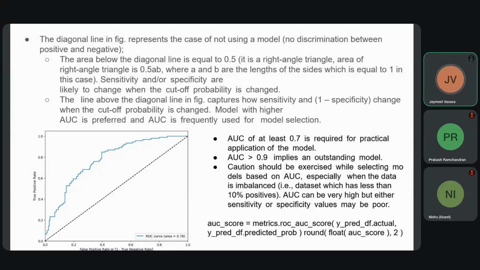So for the graph that we have created, you can see the area under the curve is 0.78. If you want to separately get the ROC AUC, you can use metrics.roc_auc_score and pass the values to it for the AUC score.